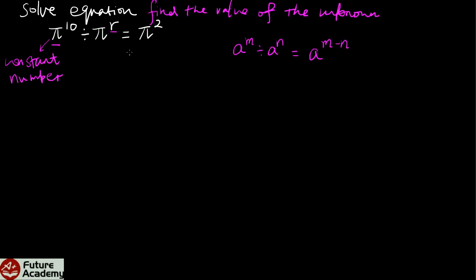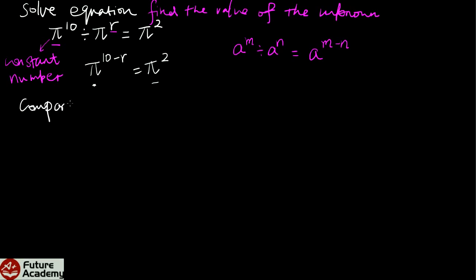So we shall apply this law, and it becomes pi to the power of 10 minus r equals pi to the power of 2. The left hand side and the right hand side of the equation have the same base, which is pi, right? So what do we do? We shall equate the powers.